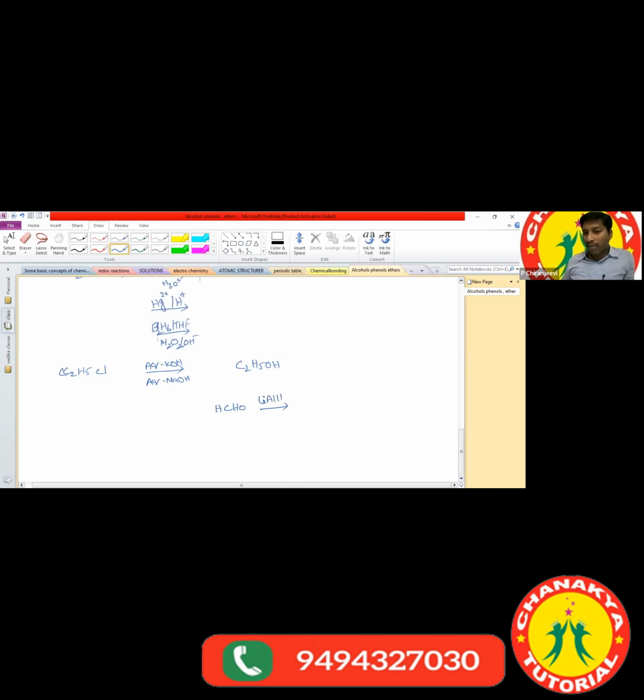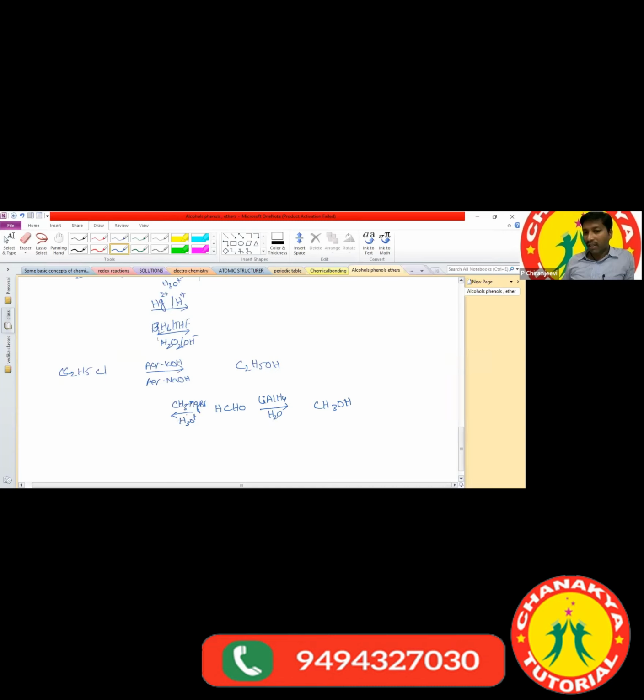Lithium aluminium hydride, in the presence of water. If the formaldehyde is reduced with lithium aluminium hydride, it is converted into the alcohol, methanol, CH3OH. And if the formaldehyde is treated with a Grignard reagent, CH3-MgBr, it undergoes a hydrolysis reaction, H3O+.